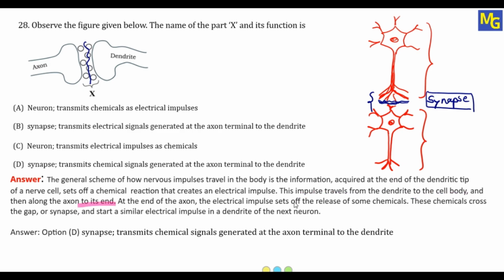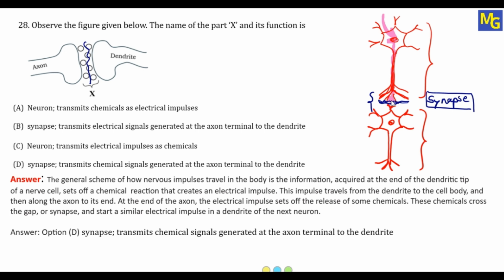Means here these chemical signals are converted into electrical signals, and these electrical signals will travel from the axon till the nerve ending. So in your cell body, all will be chemical impulses, and outside those will be converted into electrical signals. These electrical signals will travel through the axon and come to the synapse.